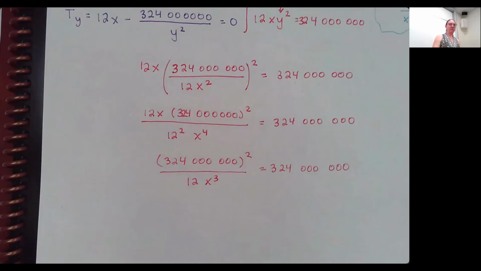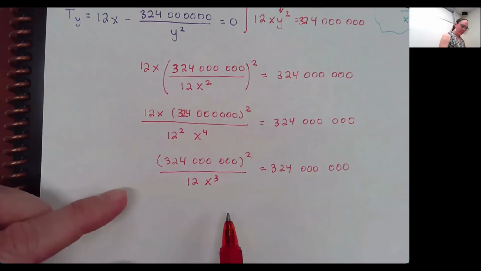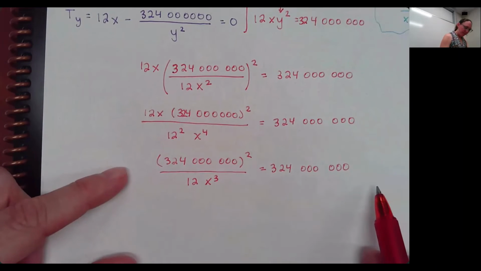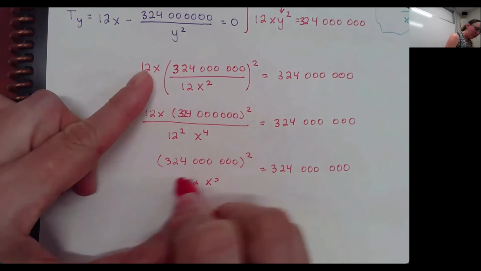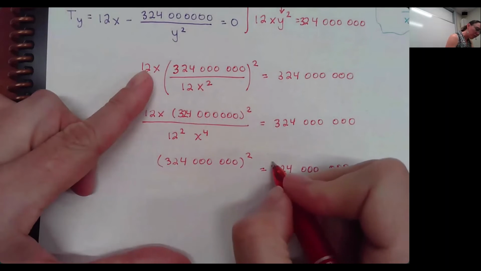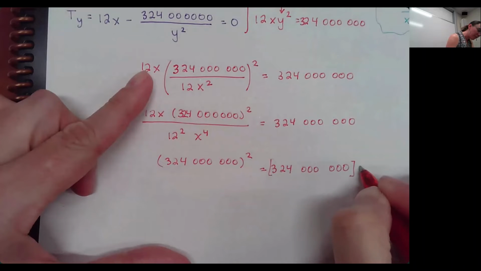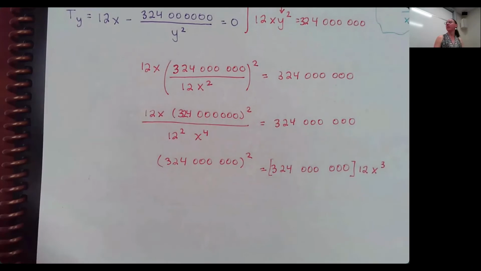And then I'm going to get rid of the fractions. So I'm going to multiply both sides by 12x cubed. And I'm just going to, by the magic of an eraser, multiply both sides by 12x cubed.